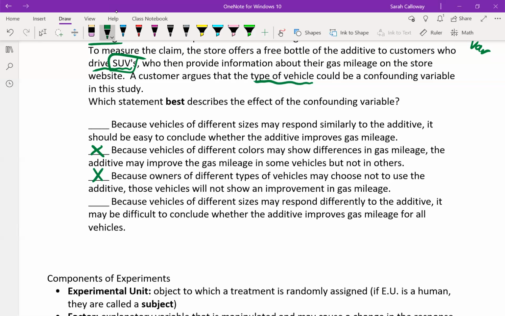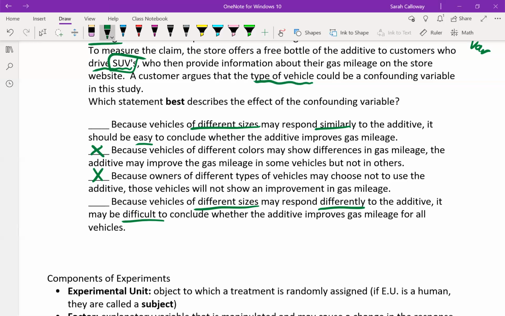The last statement is actually very similar to the first. So because vehicles of different sizes may respond differently to the additive, it may be difficult to conclude whether the additive improves gas mileage. So the first one said it would be easy. This one said it would be difficult. One thing to think about in terms of gas mileage is that the size of the vehicle does influence gas mileage, right?